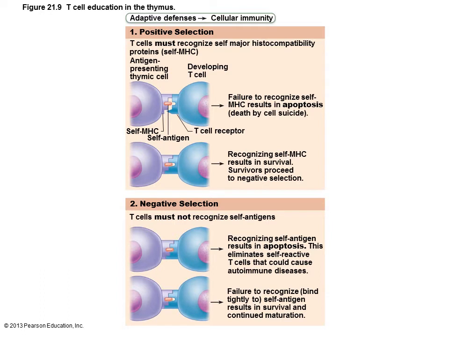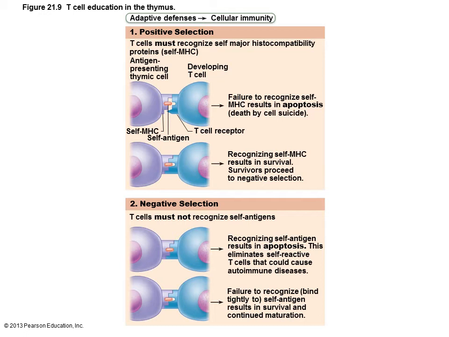The maturation of T cells in the thymus has to go through two types of selection before they can confer cellular immunity. First, they have to go through positive selection. That means that T cells must recognize their self major histocompatibility complex, called MHC. If they do not recognize their self MHC as self, then they have to die.